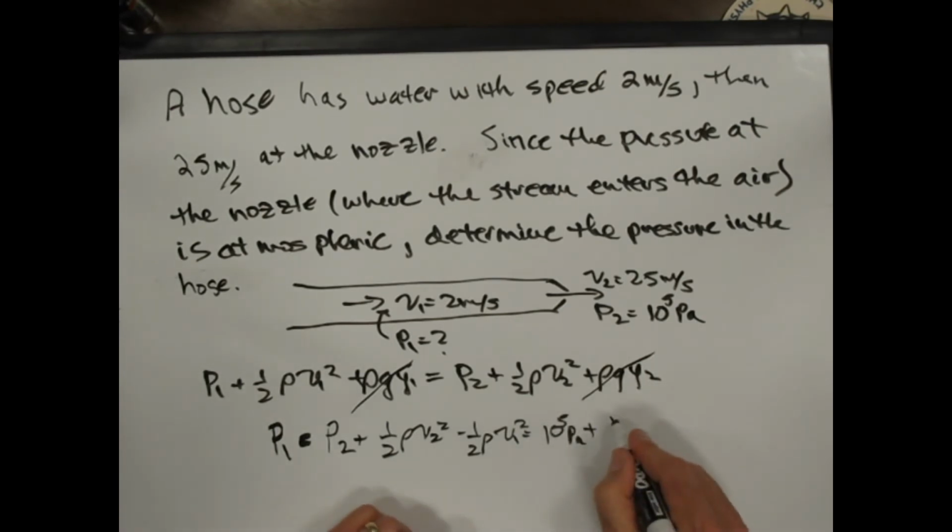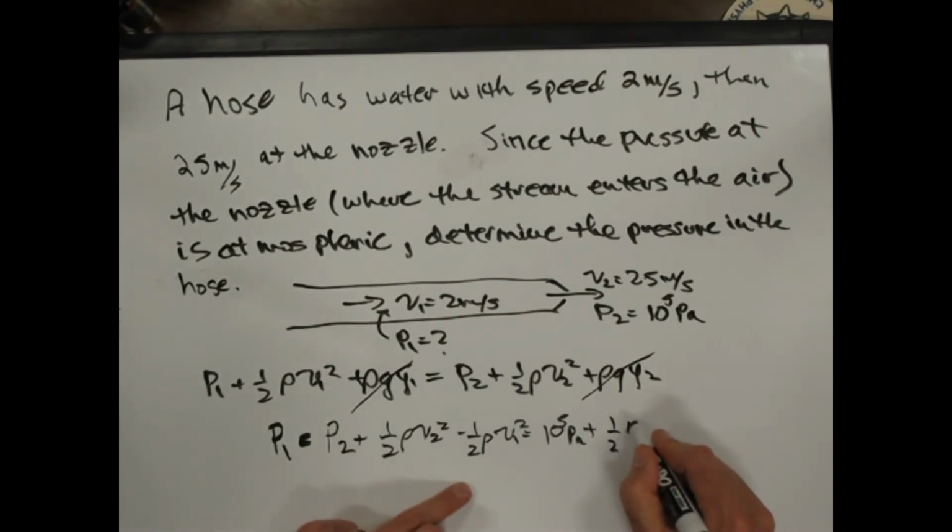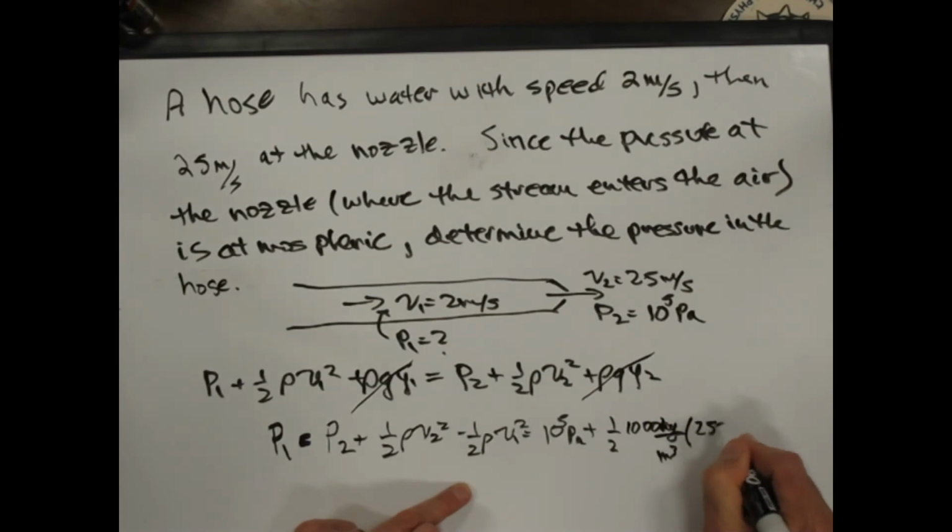plus, I'm going to do two steps here. First, I'm going to factor the 1/2 rho out of each of these terms, and so that's 1/2 times 1,000 kilograms per cubic meter times (25 meters per second minus 2 meters per second), that one hardly matters, squared. So that's the whole thing squared.